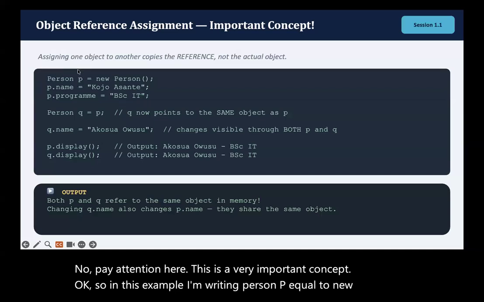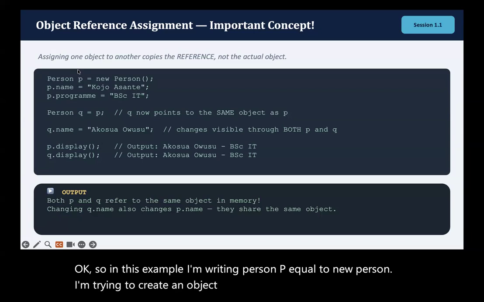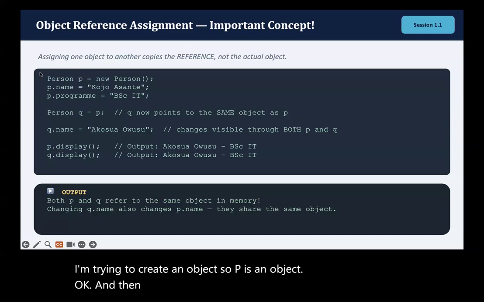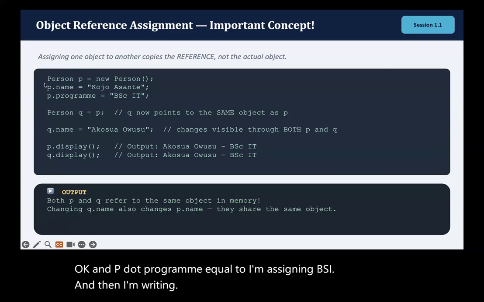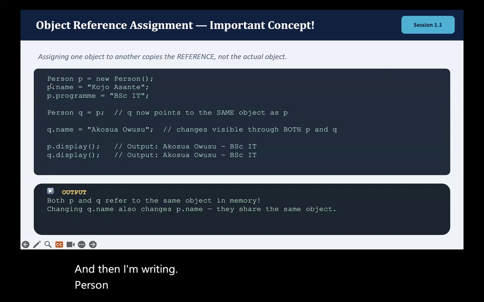I'm trying to create an object, so p is an object. Then I'm writing p.name equal to Kojo, and p.program equal to BSc IT. And then I'm writing Person q equal to p.